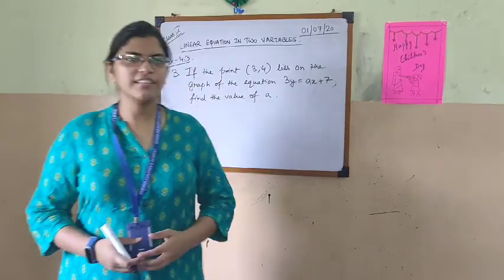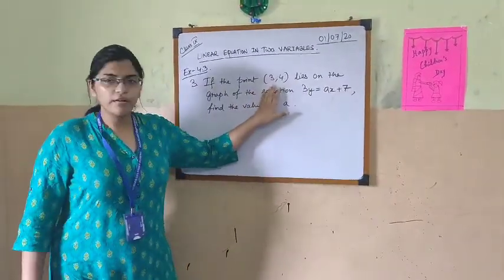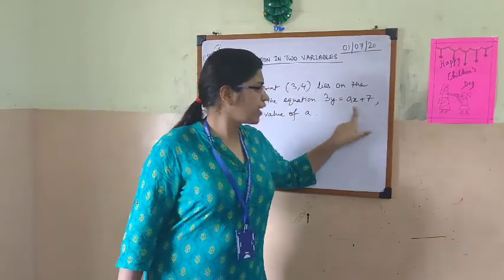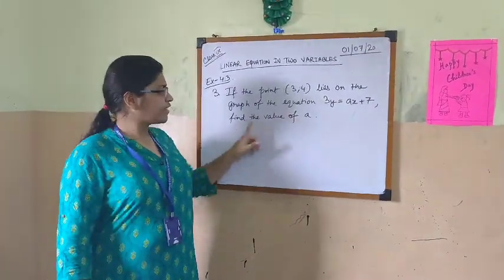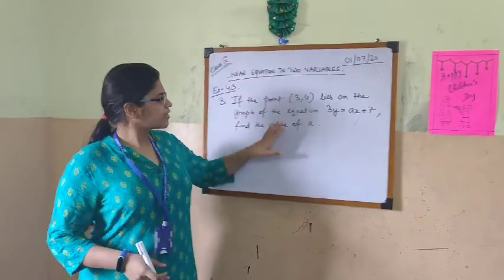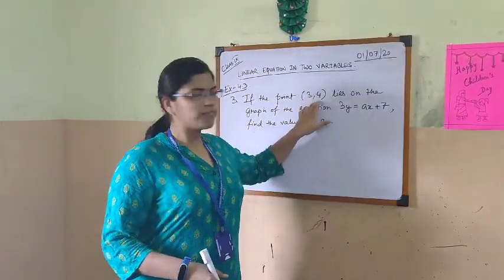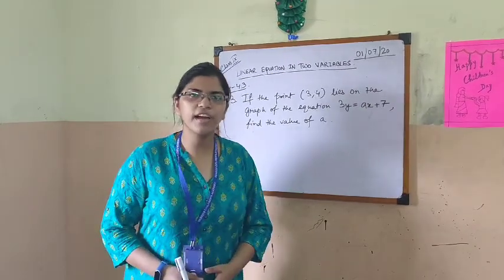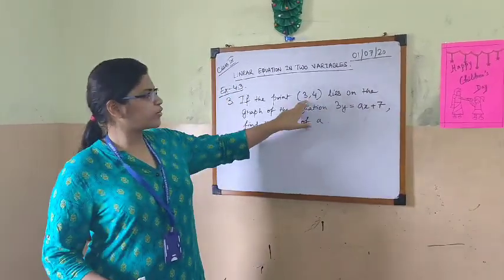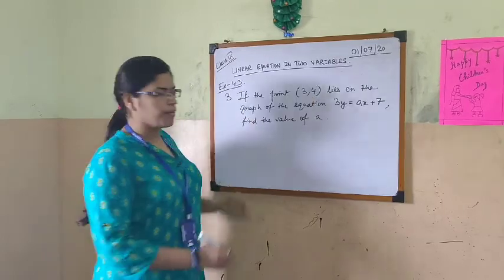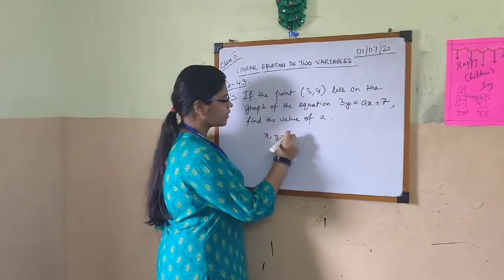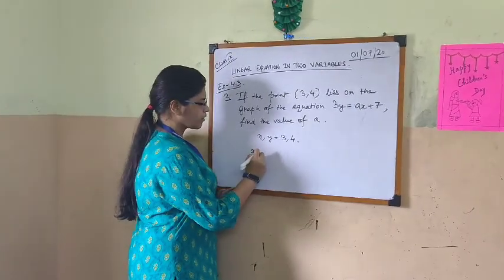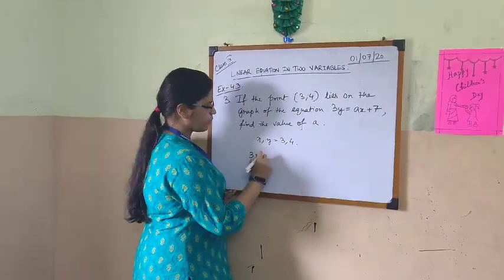Now the next question says if the point 3, 4 lies on the graph of the equation 3y equals ax plus 7, find the value of a. So we can clearly say that this point 3, 4 satisfies this equation. Satisfying means we will put x equal to 3 and y equal to 4, because here x comma y is 3 comma 4. So instead of x I am putting 3 and instead of y I am putting 4.